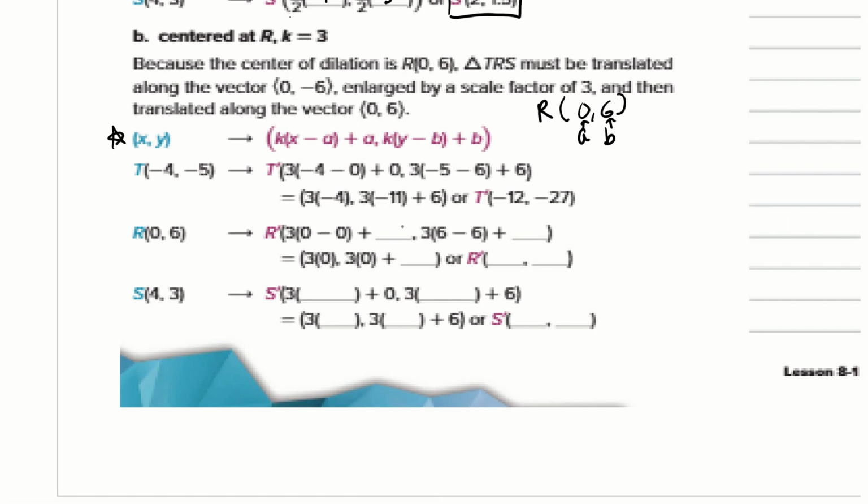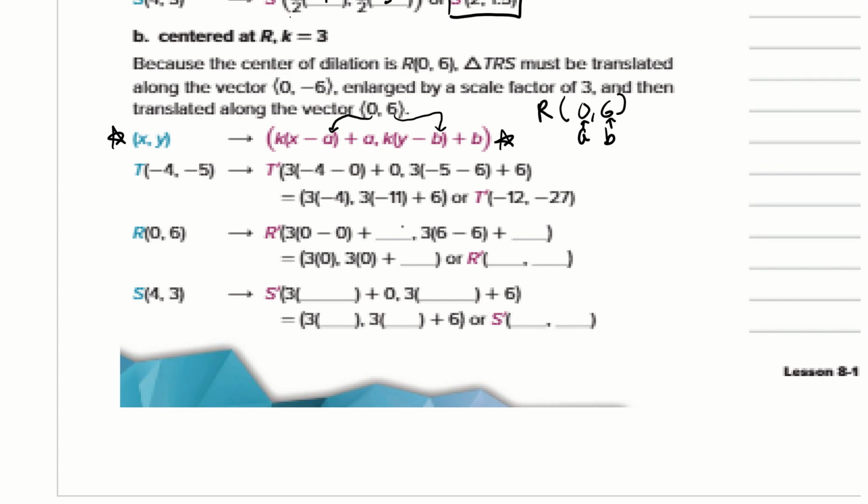Okay, so this is the formula right here. All right, so essentially we're going to take 0, plug it in for A, and then 6, we're going to plug it in for B. And then your X and Y are the coordinates that you're going to use.